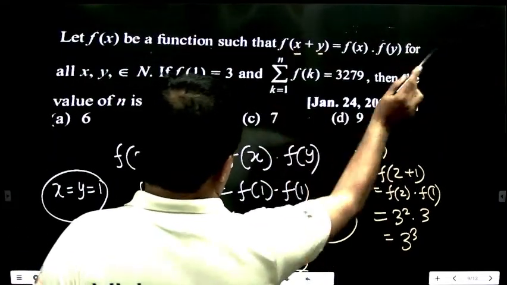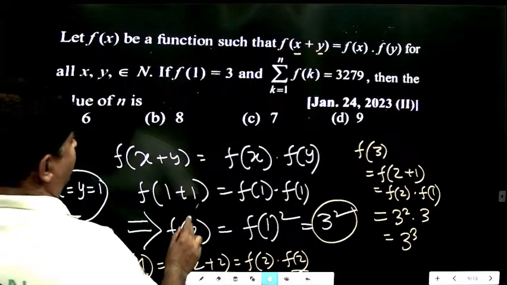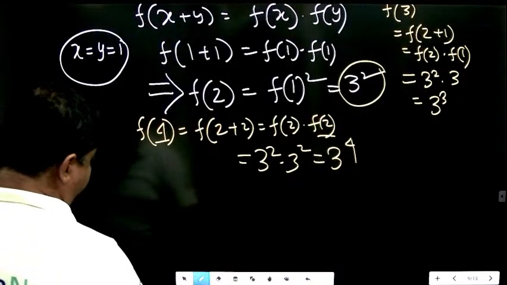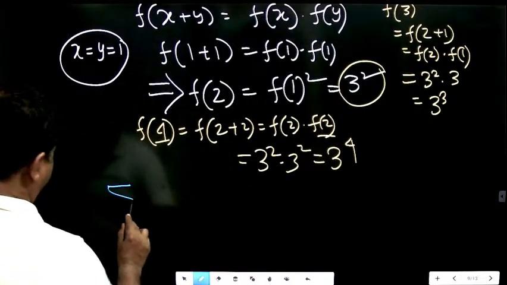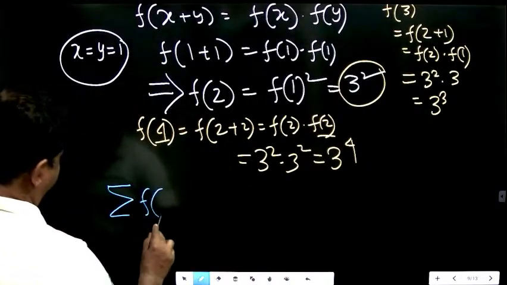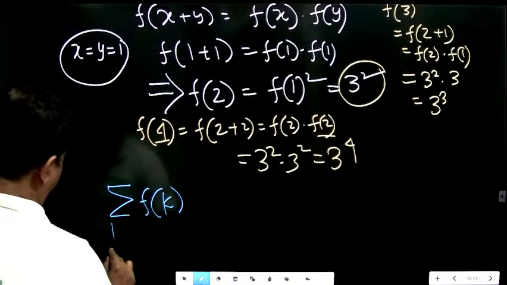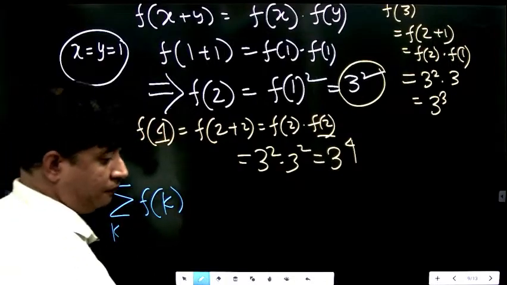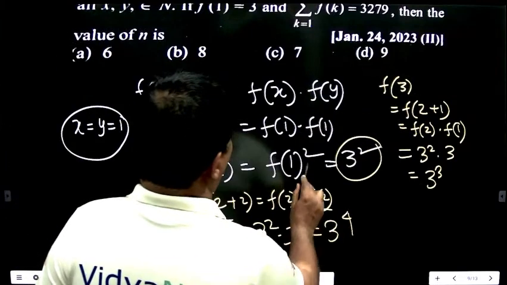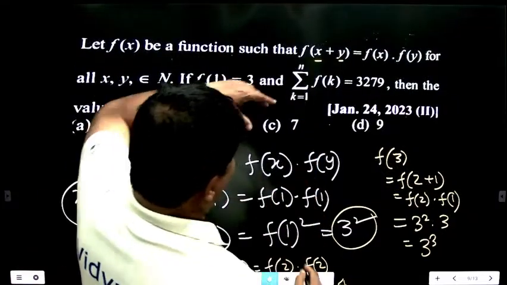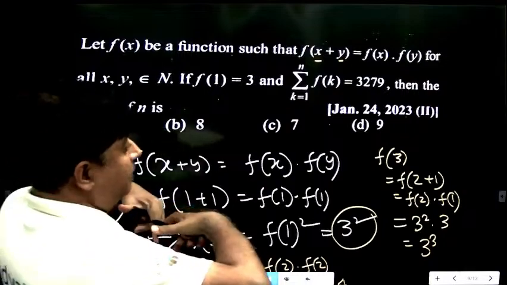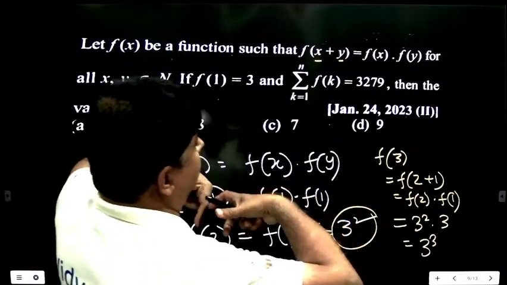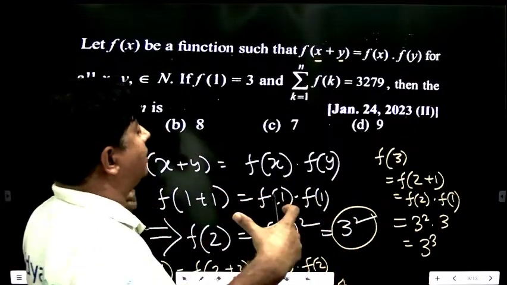Let's see. You open this summation. Summation of Fk. What is Fk? Stretching from 1 to n.